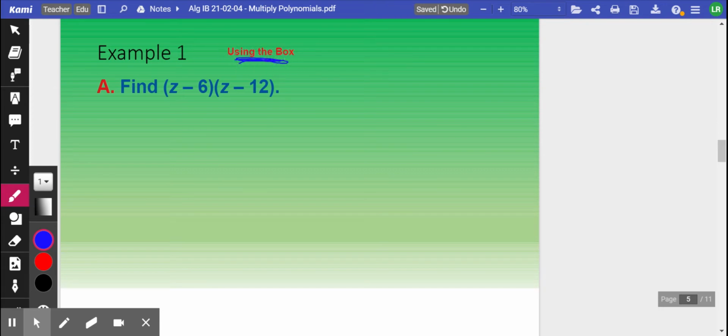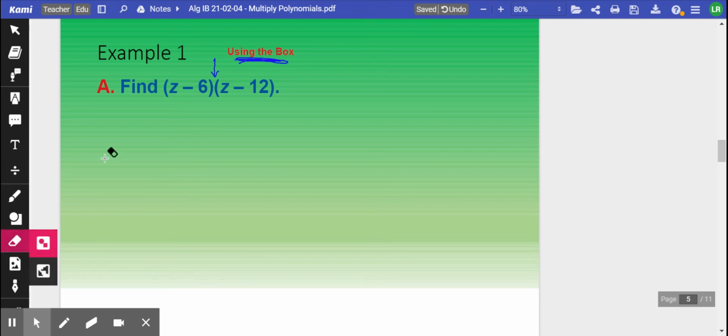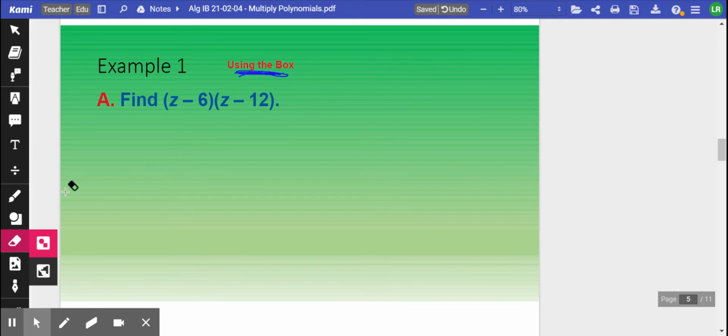So we're simplifying this. We have z minus 6, and that's being multiplied to z minus 12. Now, it's extremely important that you pay attention to what is in between the parentheses. And there's nothing here, so that means that this is multiplication. Oops, meant to write a z, not a 2.